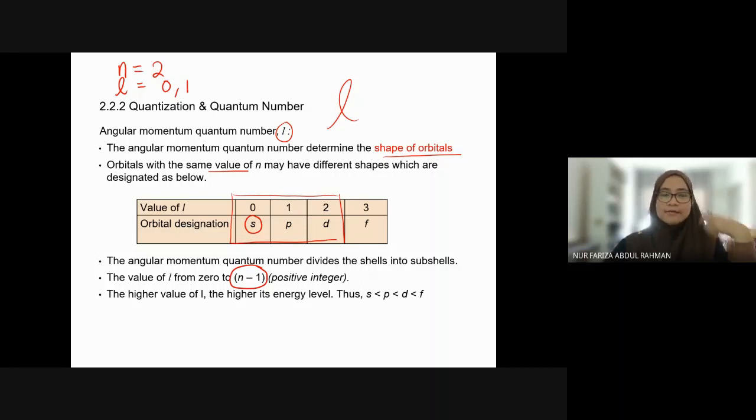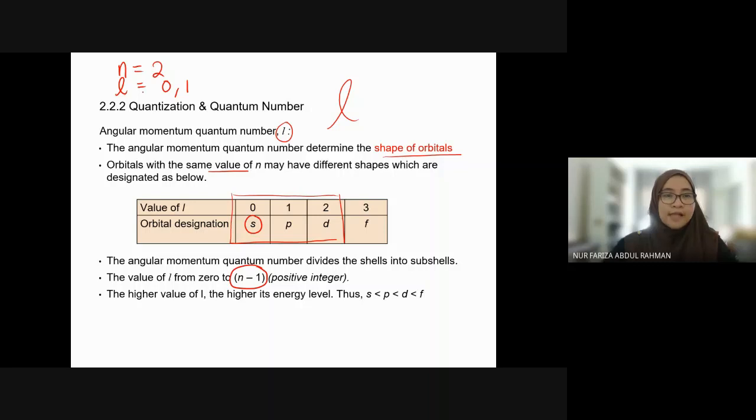Because it should be 1 less than the principal quantum number n, it should start from 0 until 1 less than n. So it should be 0 and 1. 2 is not included, because it must be until n minus 1.